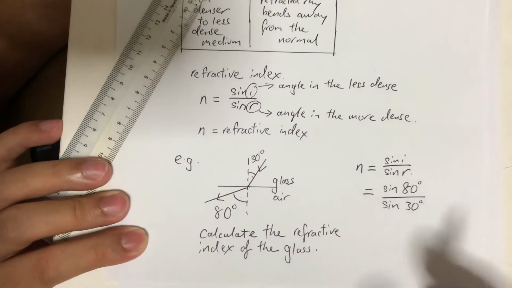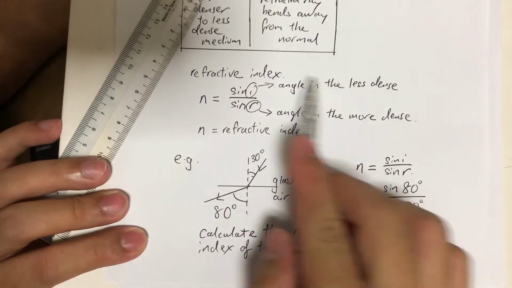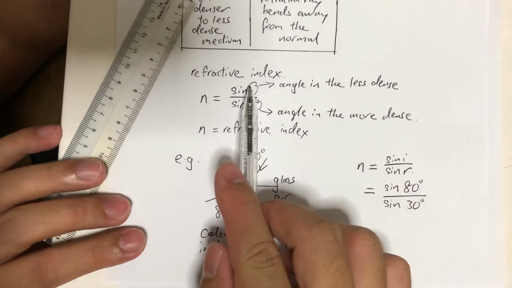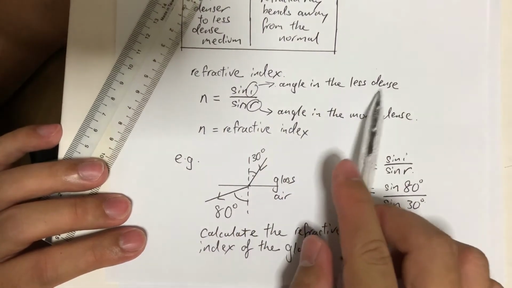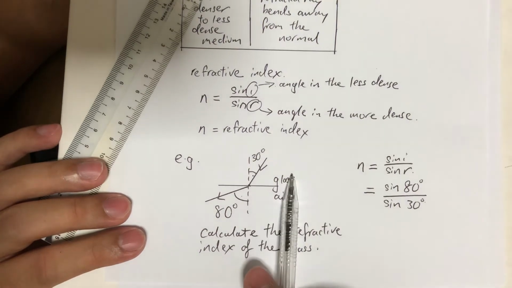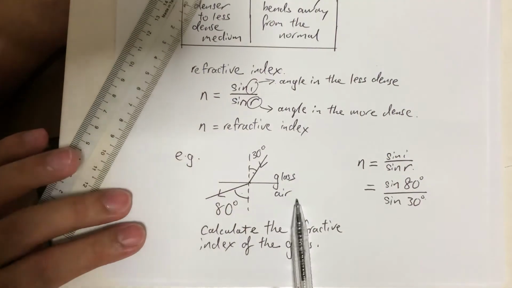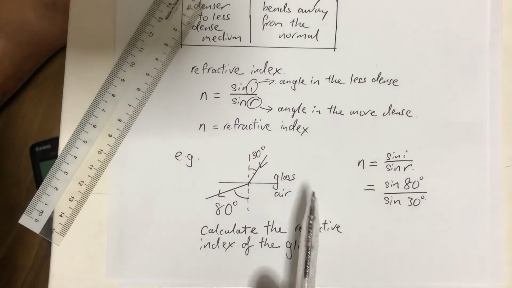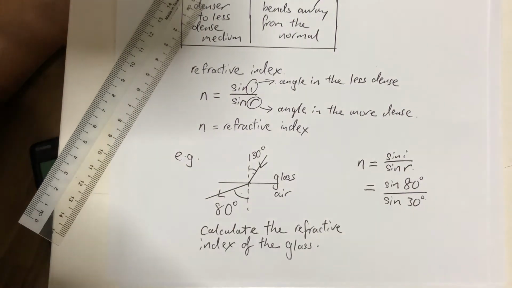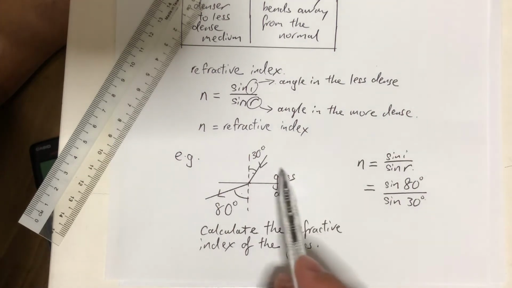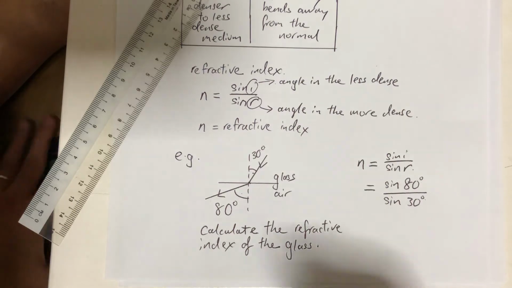Why is that so? If you look at my condition for the refractive index, i is the angle in the less dense medium. Air and glass, between these two, air is the less dense medium. On the other hand, r is the angle in the more dense medium. In this case, glass is the more dense medium here.